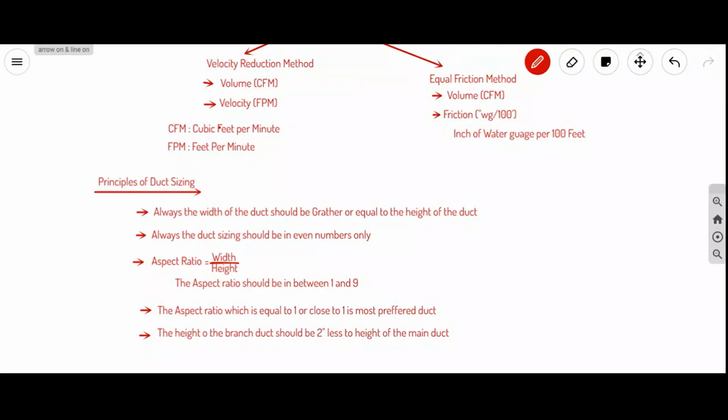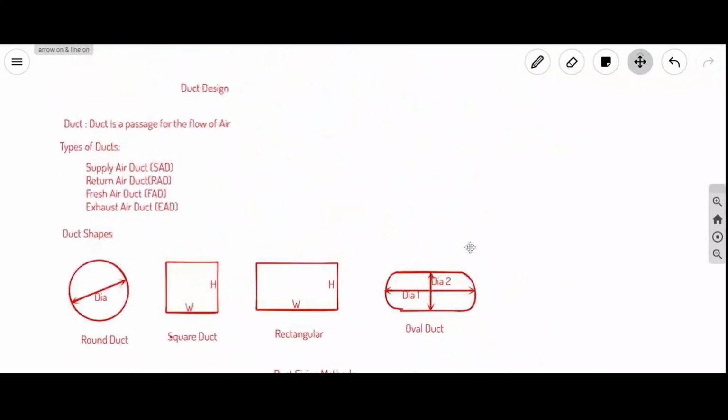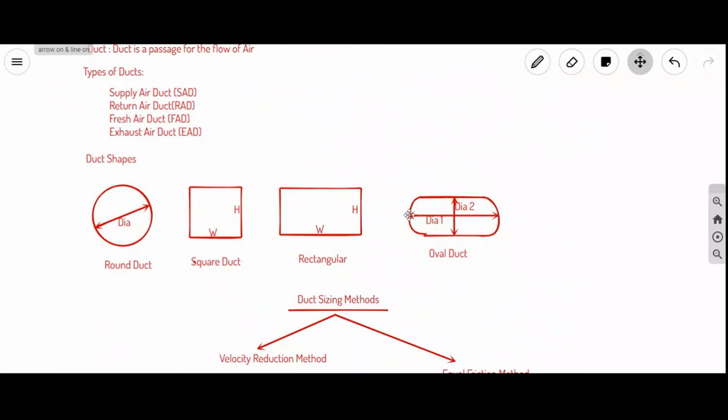These are the 5 principles. We work on duct sizing according to these principles. So make a note of this.